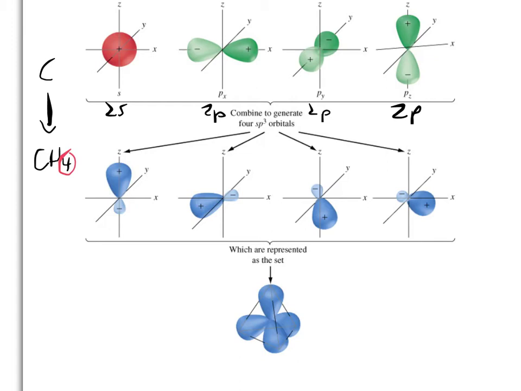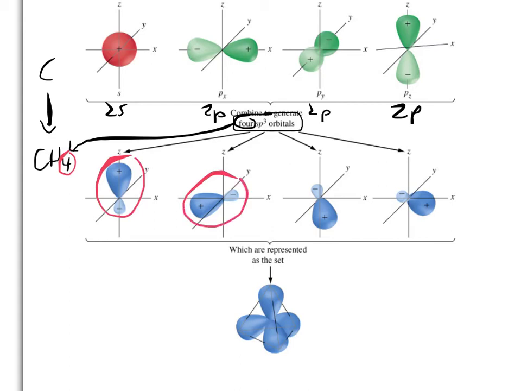And in fact, what we get when we mix the 2s and the 3 2p orbitals is what are called sp3 orbitals. And we make 4 of them, because we can form 4 bonds with carbon. So you can see when we look at the electron densities of these, each one of these hybrid orbitals has the same shape.